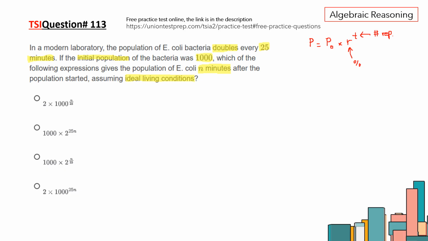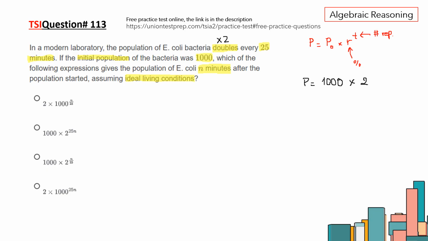To apply this, we write P equals P naught, which is 1,000, multiplied by the rate. Double means multiplied by 2 every 25 minutes.